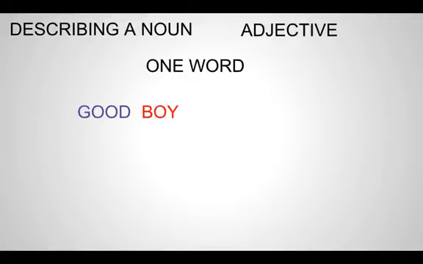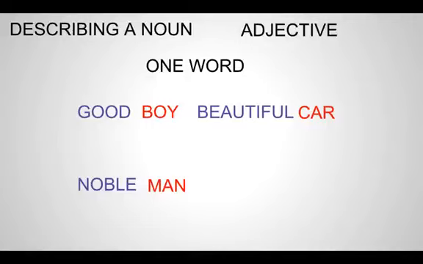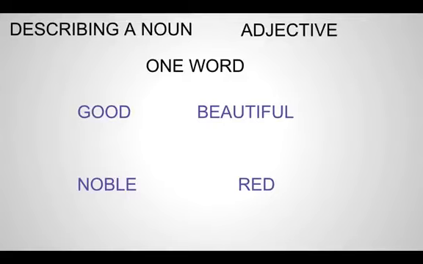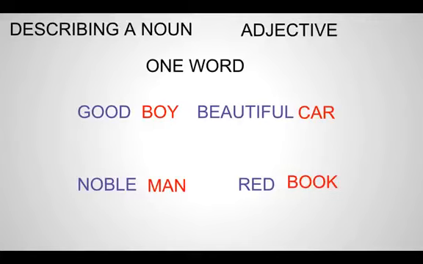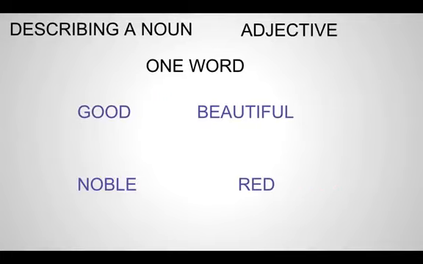For example, if we want to say a good boy, a beautiful car, a noble man, a red book, these words good, beautiful, noble, red are describing these objects. So we have an object or a man or a person or a thing, and you have a description. This description is called an adjective.